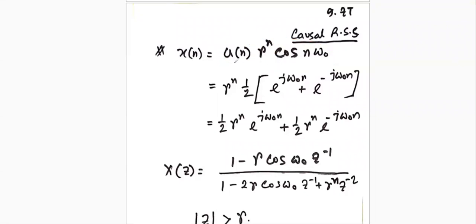For this kind of problem, whenever you have cos omega 0 n or sine omega 0 n, we can move to Euler's equation, which will help us to solve it. Of course, un can be neglected in a way that whenever we go for the summation in the z plane, we write n from 0 to infinity.